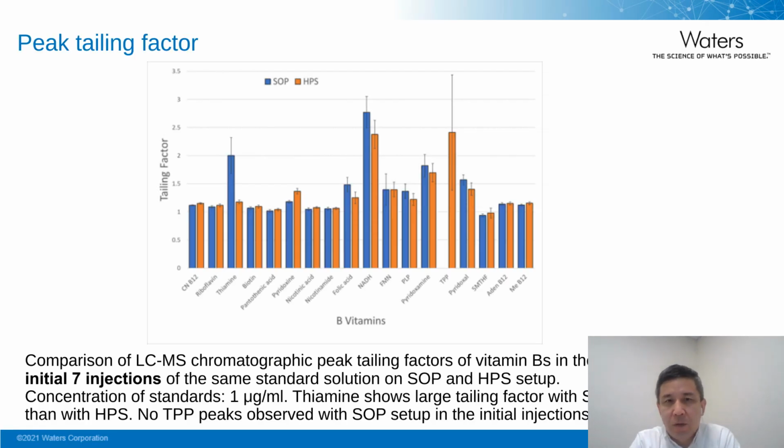This slide shows the peak-tailing factors calculated from those 7 initial injections. Again, the blue bar representing the data from the SOP and orange bar representing data from the HPS. You can see that most of the B vitamins have comparable peak-tailing except the thiamine, which has a significant higher peak-tailing factor from SOP than the HPS.